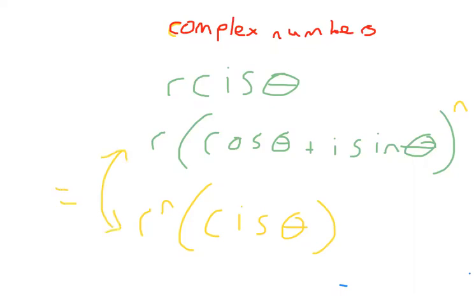So de Moivre's theorem says you can put the n outside the brackets into the r. The whole thing is being put to the power of n, but you can just put the n at the front. That should make things a bit easier. And then this n value, we're going to set that to 3, and we can use that to prove some trigonometric identities.